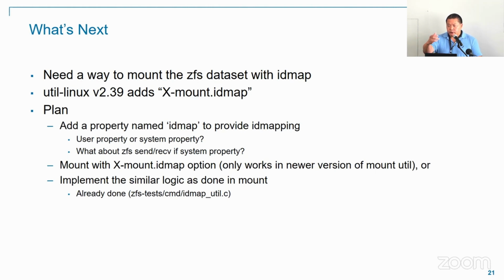You have to unmount it, remount it with no Idmap information, and then set the mount attribute with a new Idmap file descriptor, and unmount it, and move the mount point.